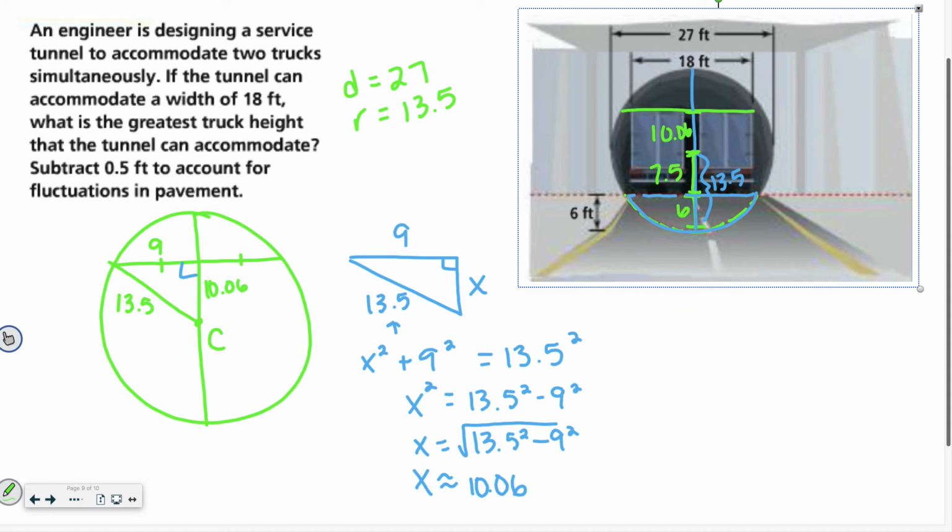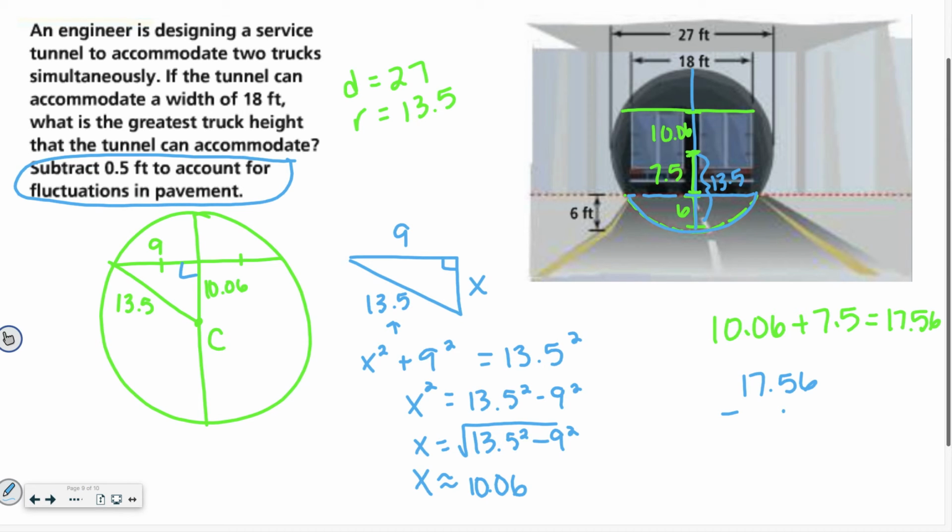So we have 10.06 plus 7.5 equals 17.56. But then remember the last bit of information. We have to account for any fluctuations in the pavement. So we're going to subtract half a foot.